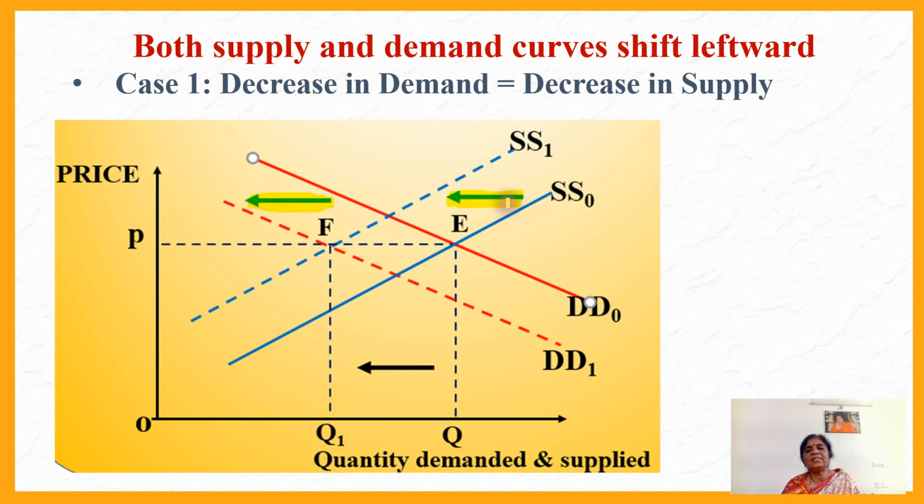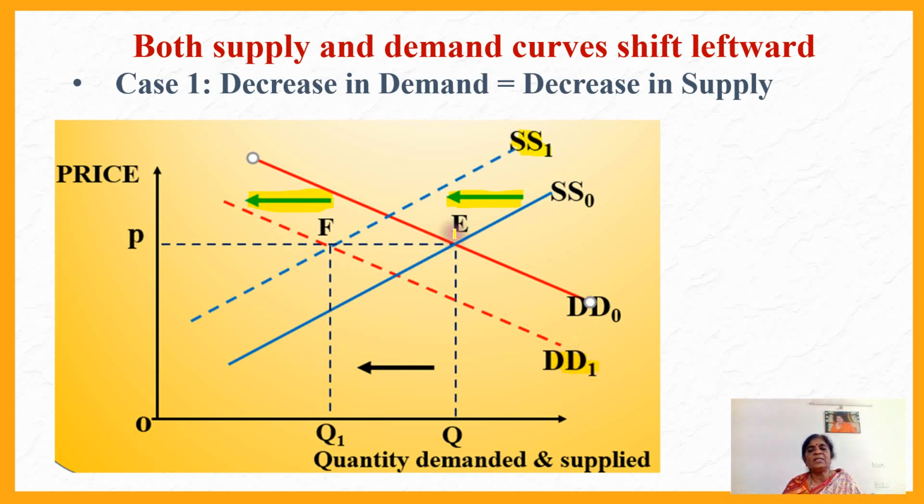But you can see the extent, or magnitude, of the shift. The magnitude of shift is the same for the supply curve as well as the demand curve. After the shift, the supply curve is denoted by SS1 and the demand curve is denoted by DD1.